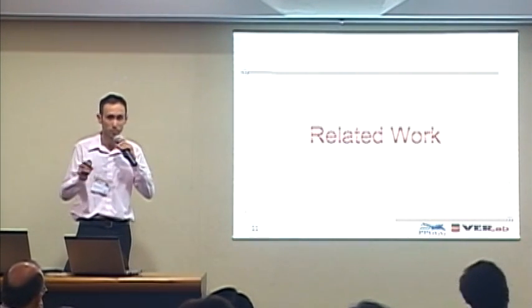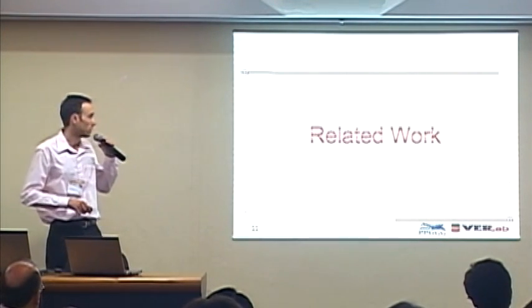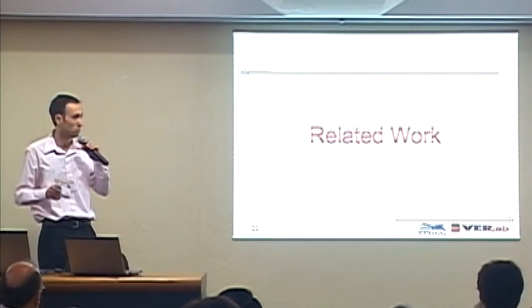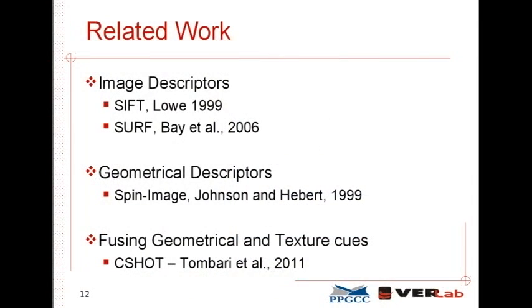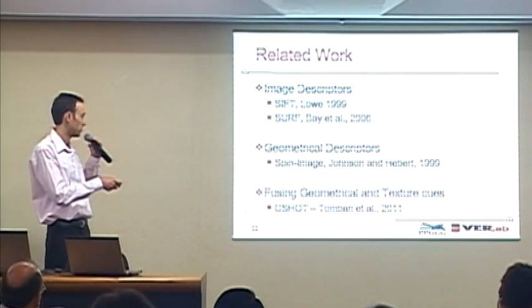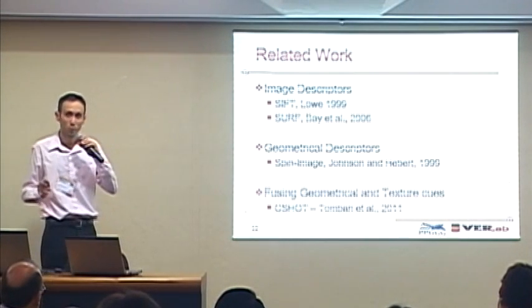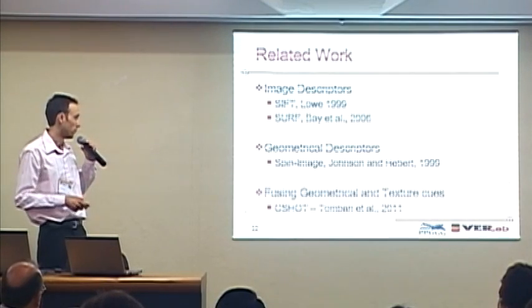The methodologies of key point descriptors can be categorized based on the type of data used to extract the information. So we have three main classes. The image descriptors, here represented by SIFT and SURF, the geometrical descriptors such as spin images, and descriptors that use both geometrical and texture information.